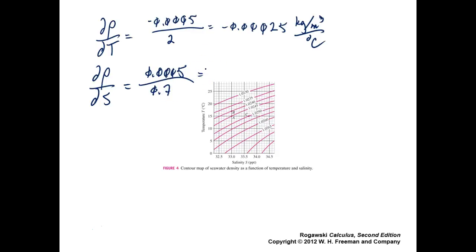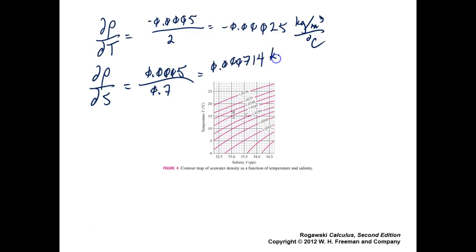Someone with a calculator, punch those in for me. This is a positive number, 0.000, is it 3 zeros? Yeah, 714. We'll leave it like that.